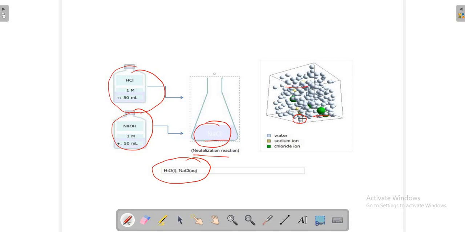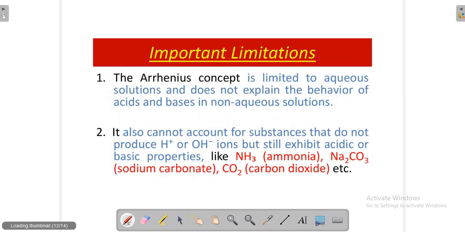As we know that every concept has some advantages and some limitations. So now discuss the limitations of this theory. According to Arrhenius, acids are those substances which provide the hydrogen ions, and bases are those which provide the hydroxyl ions.